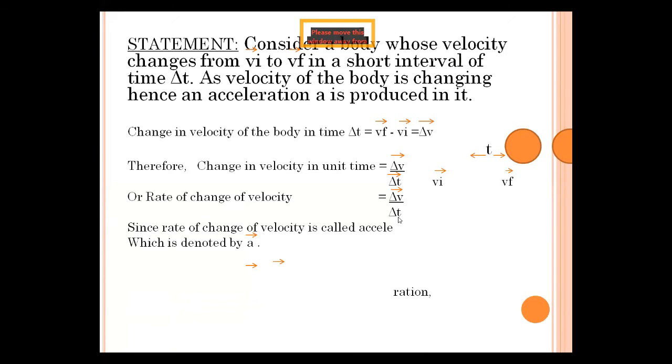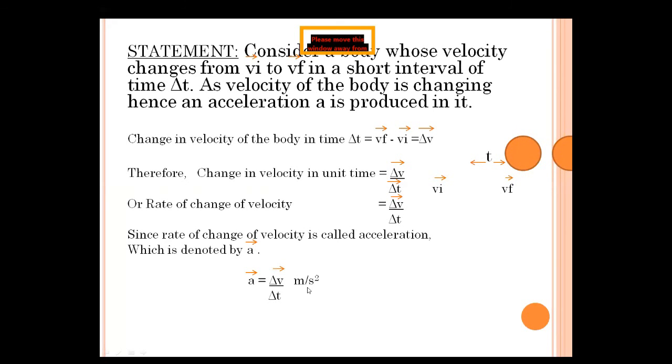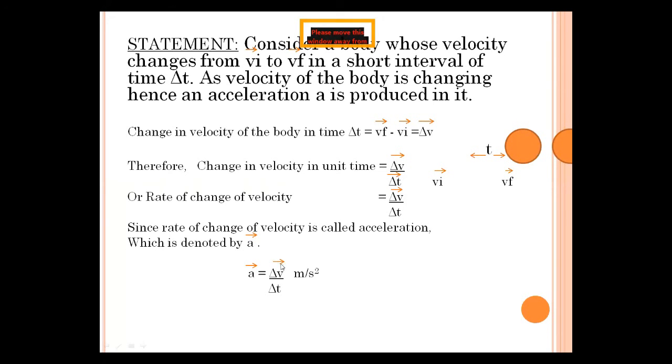Since the rate of change of velocity is called acceleration, which is denoted by a, a is equal to delta v over delta t, which we learned in the previous one according to the definition of acceleration. So from this situation, acceleration is equal to delta v over delta t.